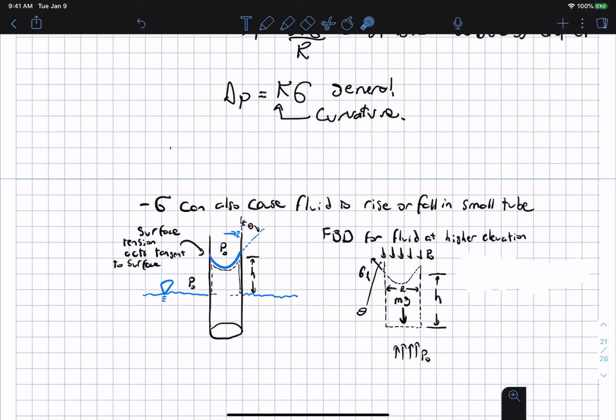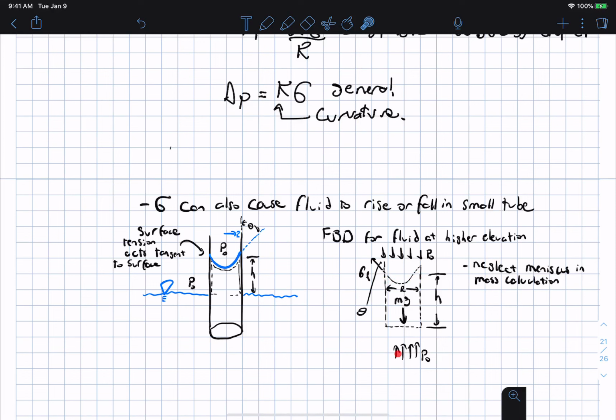Okay, and so we have atmospheric pressure pushing down from the top. We have some atmospheric pressure pushing up from the bottom, and this will make sense when we do fluid statics in the next chapter. And to make the analysis easier, we're going to neglect the volume in this meniscus.